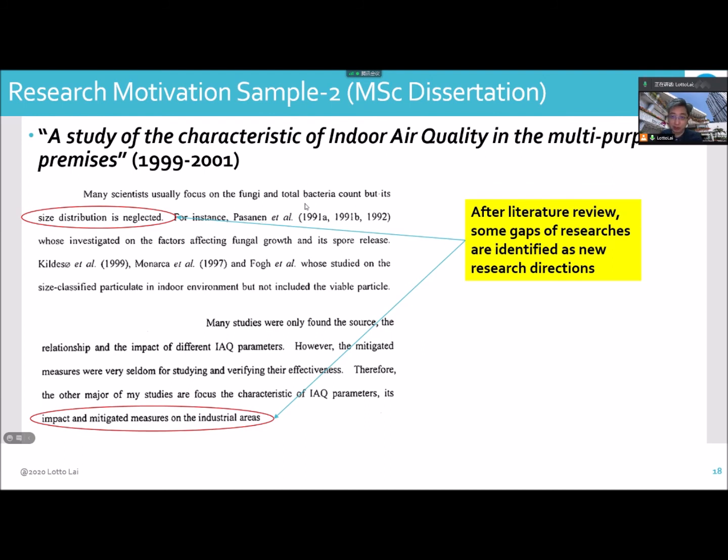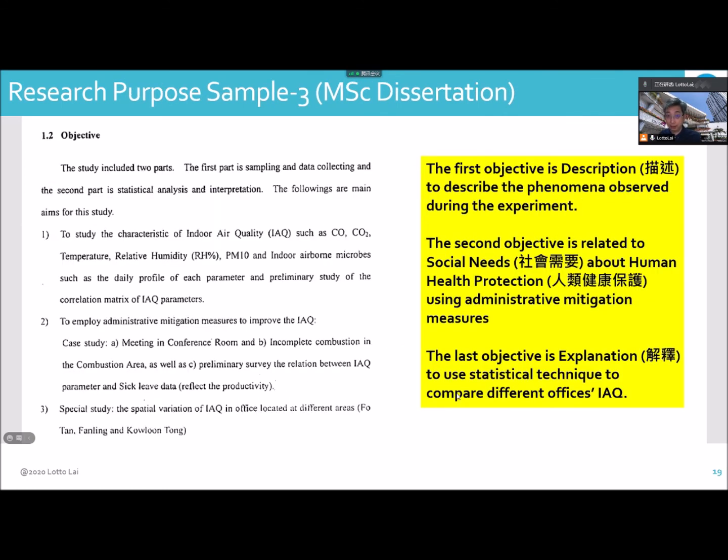For example, total bacterial count and its size distribution: no one in Hong Kong had studied it like that. And the IAQ impact and mitigation measures in industrial areas were not focused on. So the study would focus on that at the time.